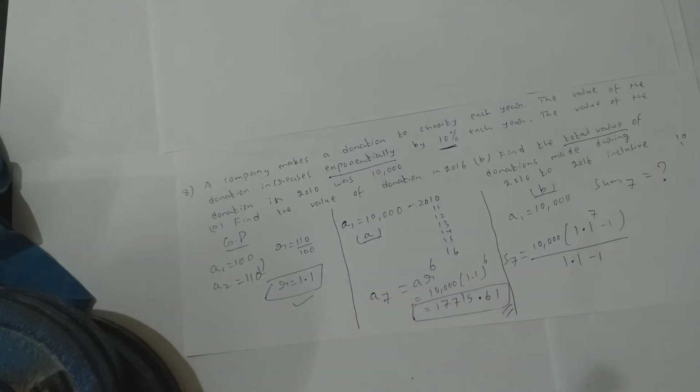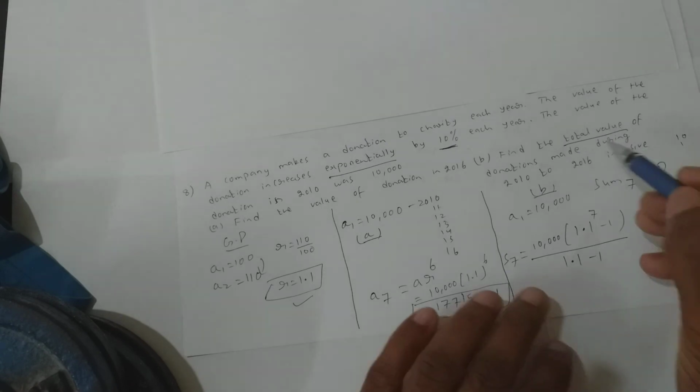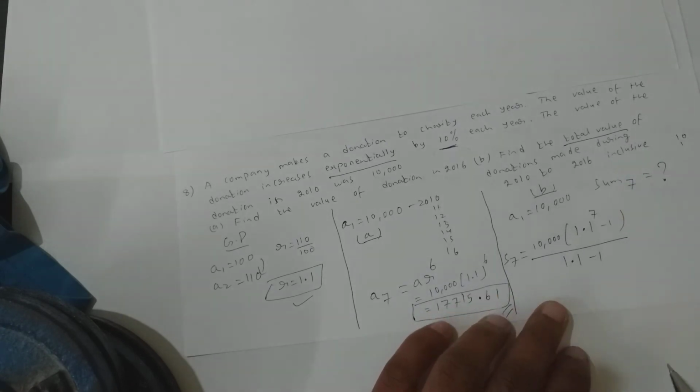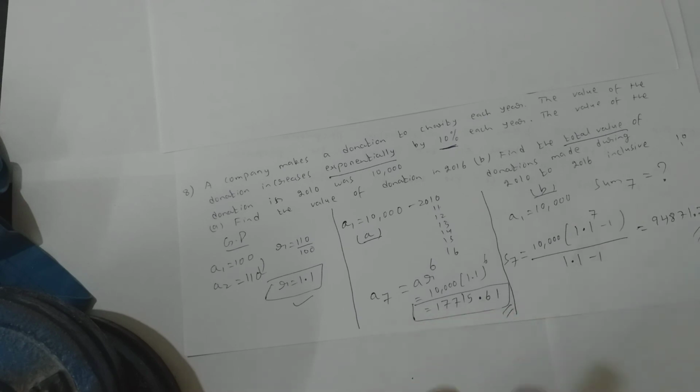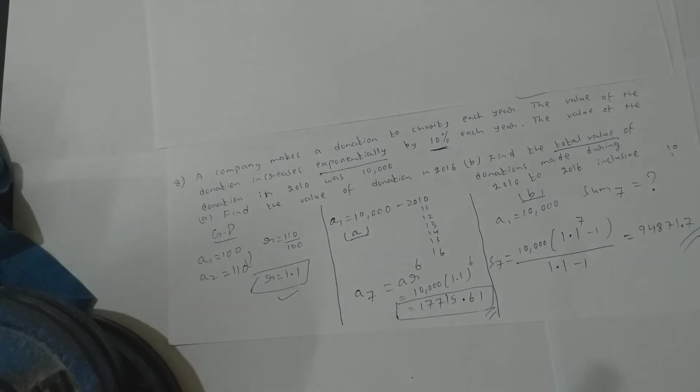Clear? We didn't do anything, just we placed in the formula. Total value means you need to find the sum. Put this in the calculator, you will get the value to be 94871.7. This is the second part answer.